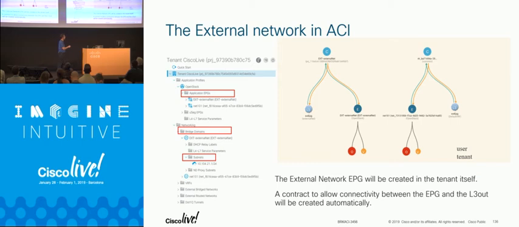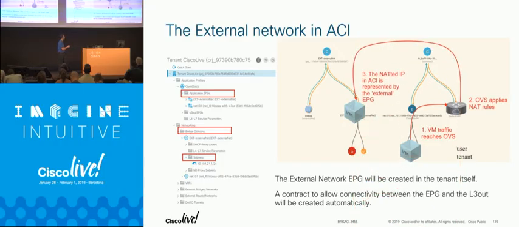And then from an ACI standpoint, ACI renders connectivity to a sort of dummy representation of an L3 out. In reality, this is just an OVS rule, a representation of the OVS rules, which directly encapsulate the traffic into an external EPG, where you have the external floating IP address assigned to the VM, and this will then route the traffic towards the L3 out.